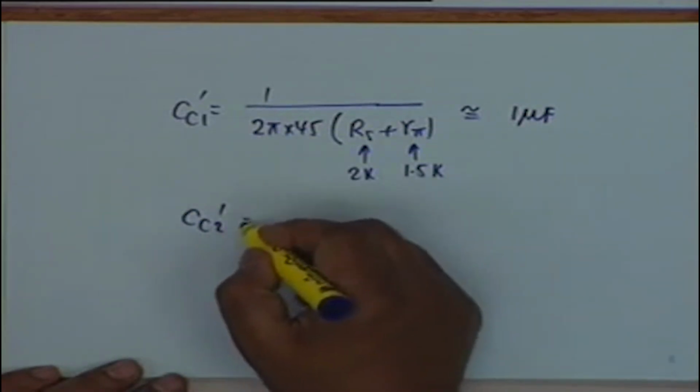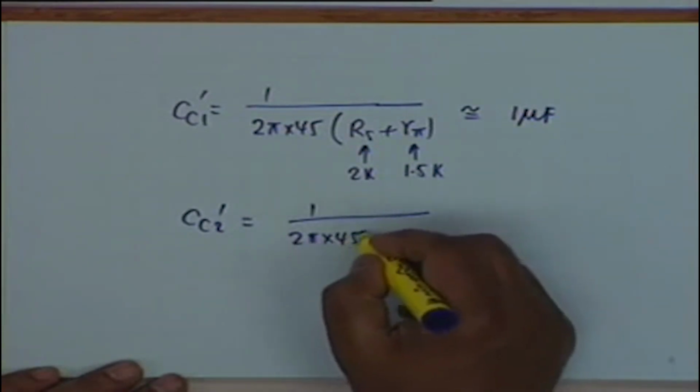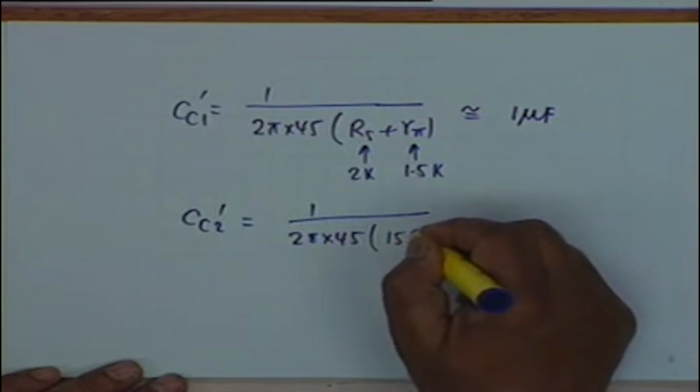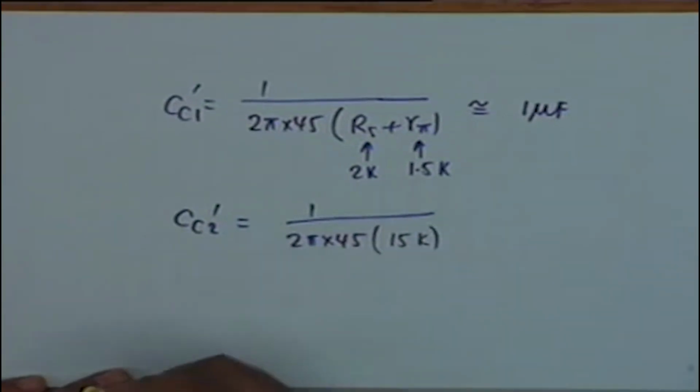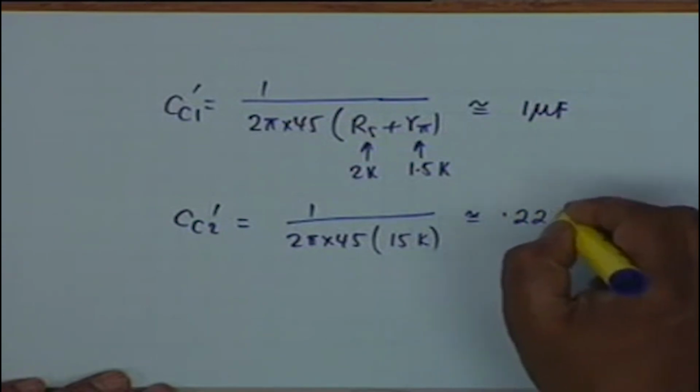Similarly, CC2 prime will calculate like this: 2 pi times 45, then RC plus RL, they are both given, so it is 15K, and this calculates out to approximately 0.22 microfarad.